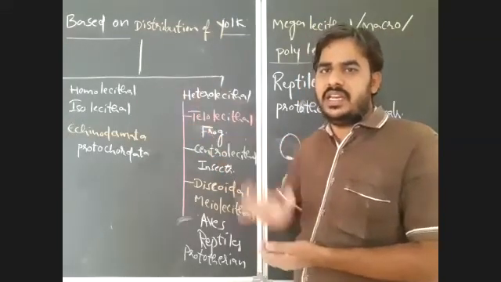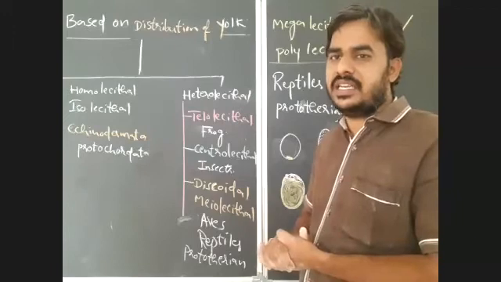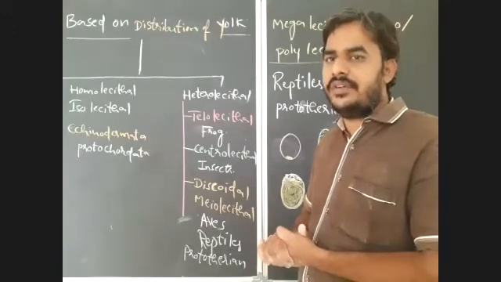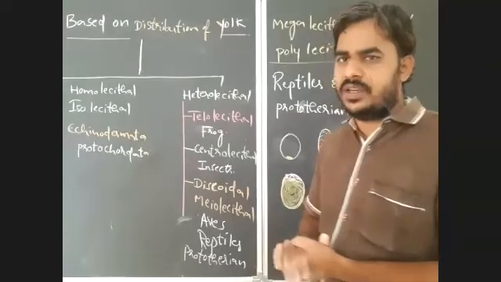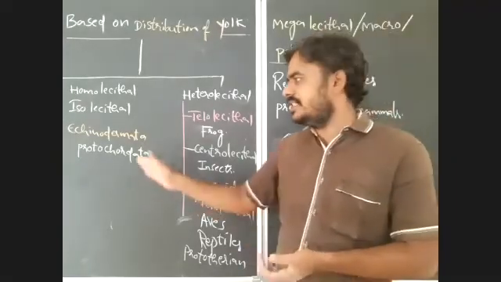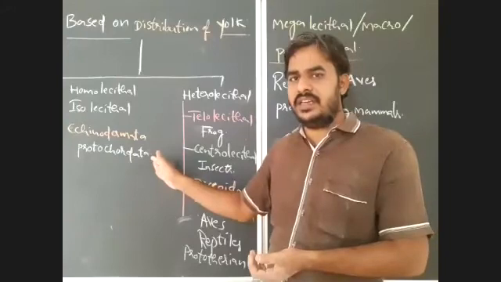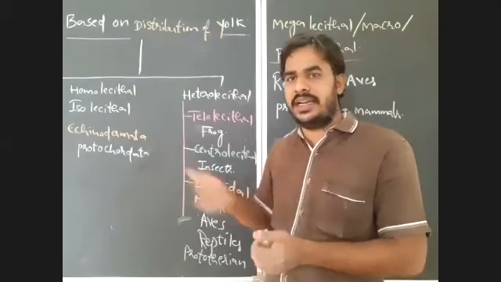Usually homolecithal or isolecithal eggs are the character of alecithal and microlecithal eggs. We can notice this type of eggs in Echinodermata and Protochordata.